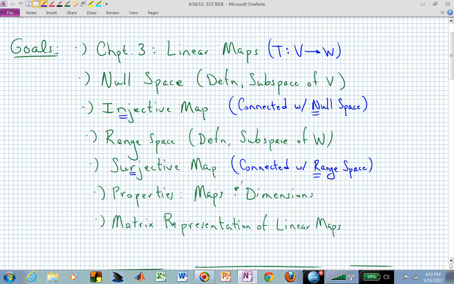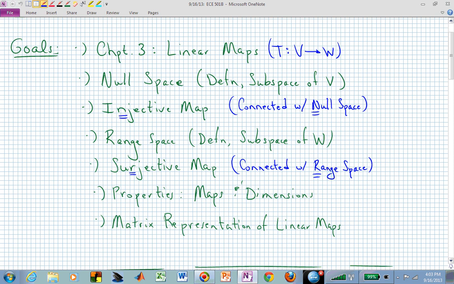We'll see there's a strong connection between null space and what's called an injective map. And if you're having trouble with injective and surjective, maybe keep in mind some of the letters in these different words. Injective has an N in it, and it's connected with the null space.